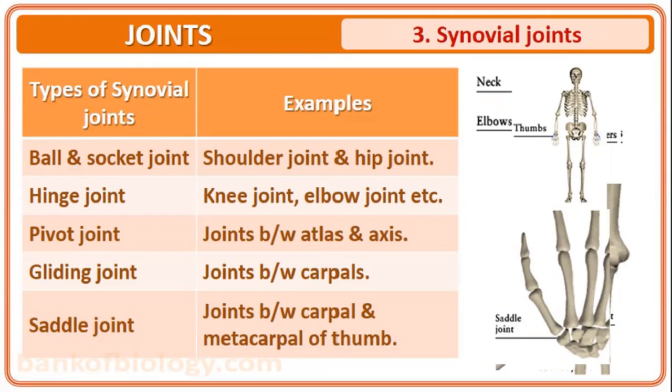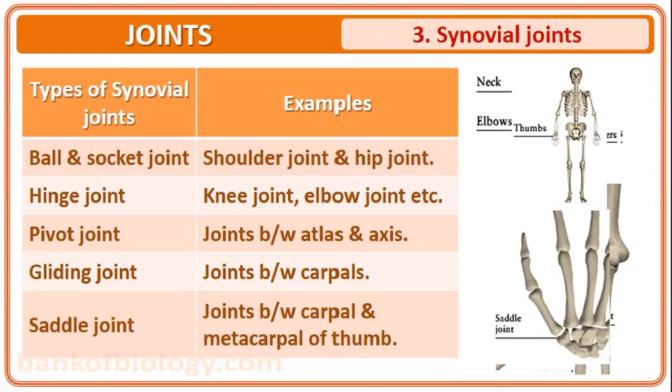Clear? For example, the first one is the ball and socket joint, present in the shoulder joint and the hip joint. I'll show you with the help of a video. Then you have the hinge joint, present in the knee joint or the elbow joint.